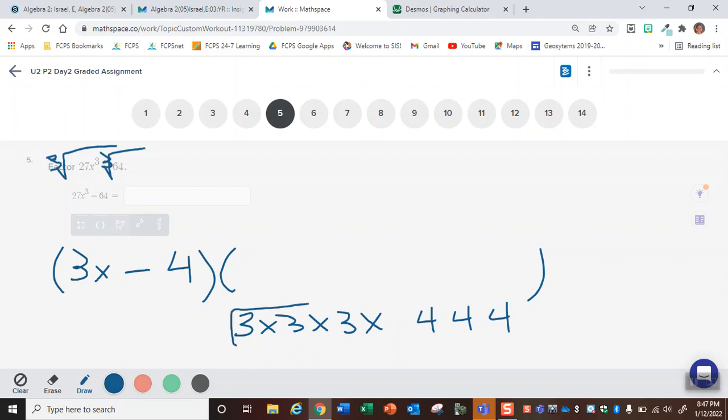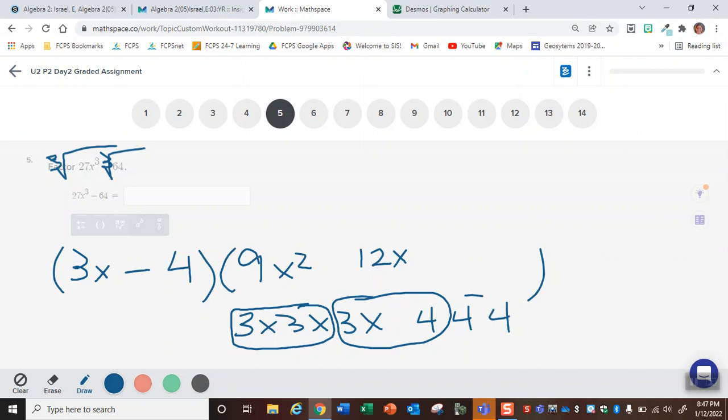All right, so take the first two. 3 times 3 is 9. X times x is x squared. And then I'm going to take the second two. 3 times 4 is 12, and then I've got the x. And then I'll do the last two. 4 times 4 is 16.